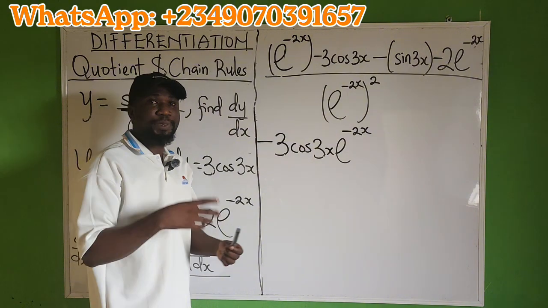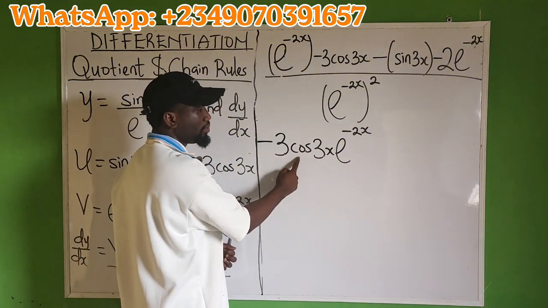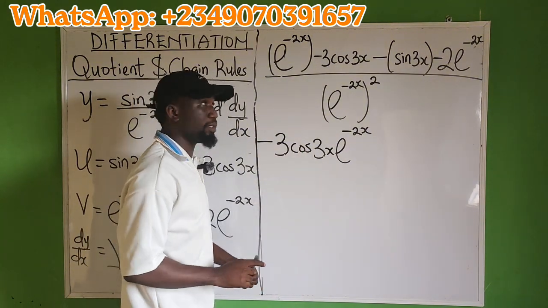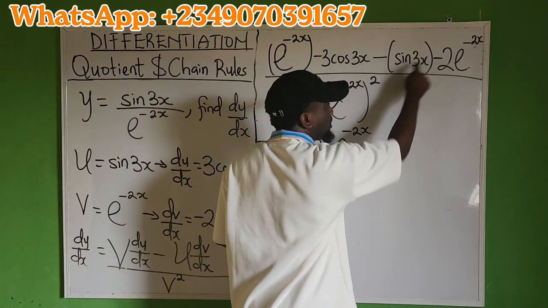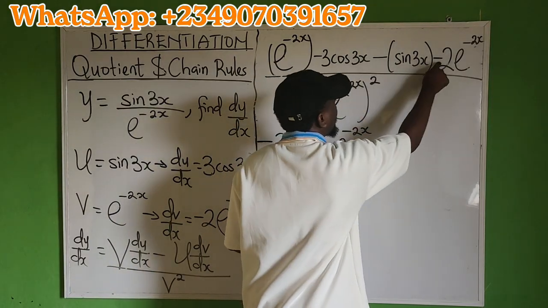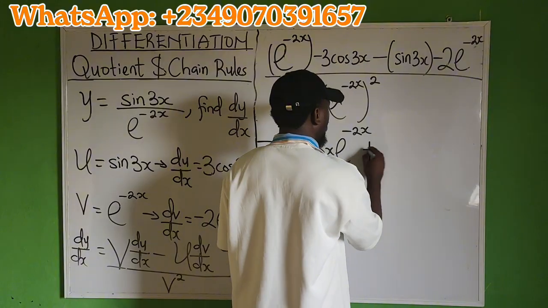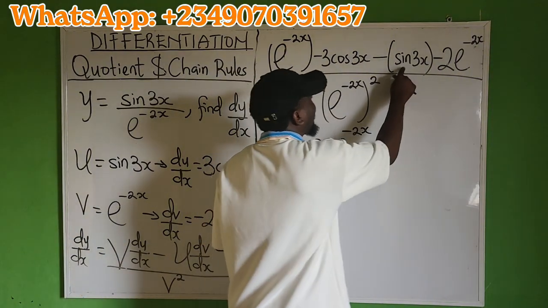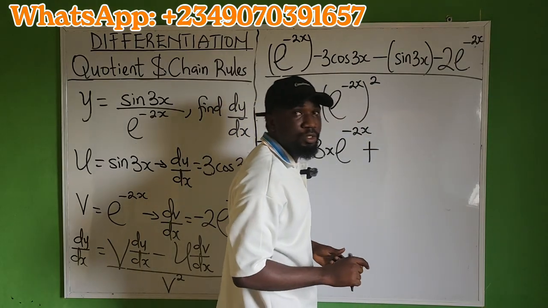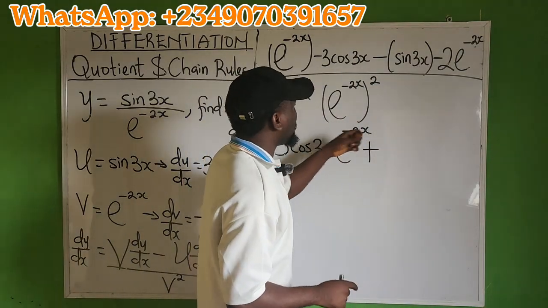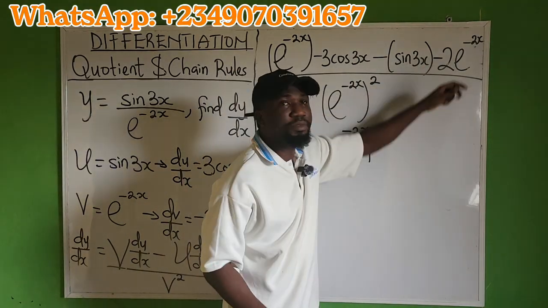So it is expected of us to have trigonometry before what? Before exponential. All right. For this now, we have negative here, we have negative here. So minus times minus will give us plus, right? So sine 3x multiplied by 2 exponential negative 2x. I said earlier that trigonometry is going to come before exponential.